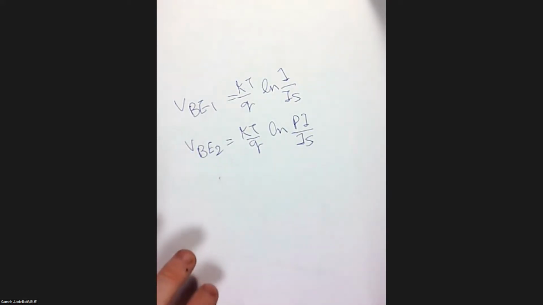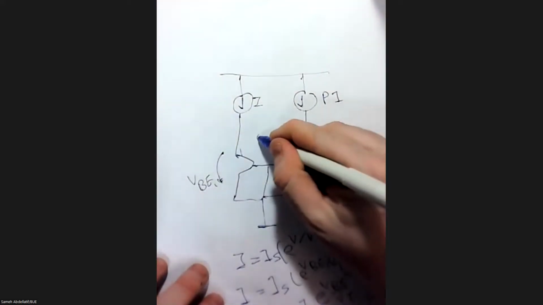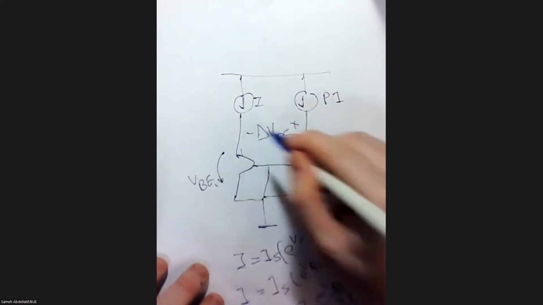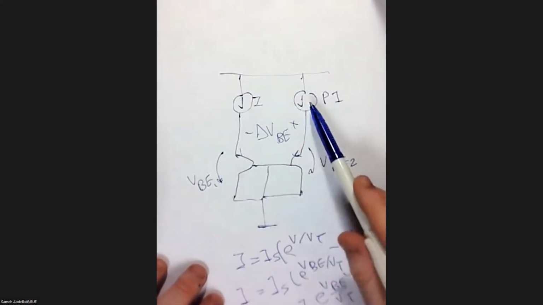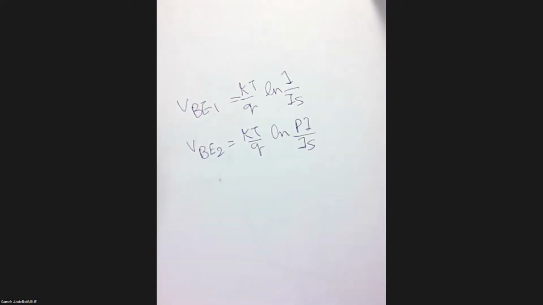Perfectly. So if we define what we can call delta VBE as VBE2 minus VBE1, so this is the difference between these two VBEs.